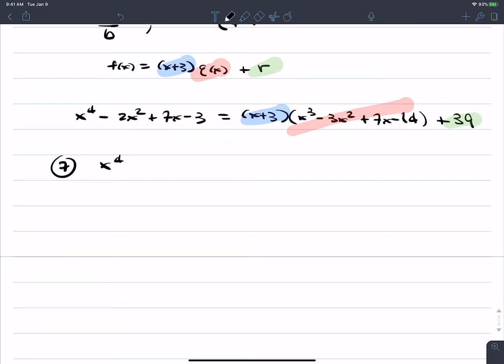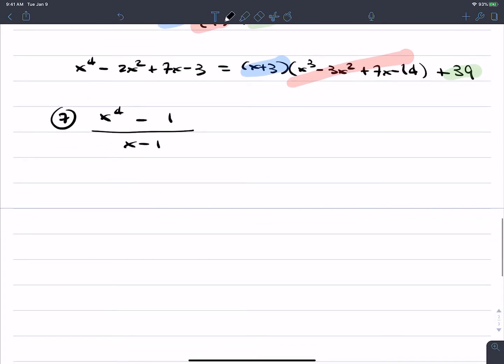x to the 4th minus 1 over x minus 1. Now in this question we have more than one missing term. The x cubed term is missing, the x squared term is missing, and the x term is missing.